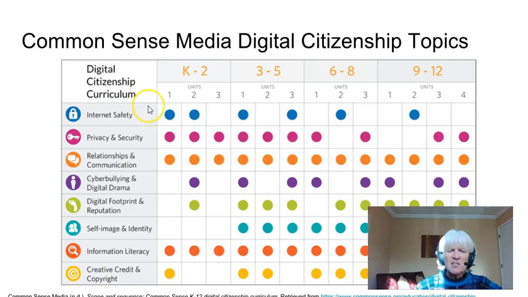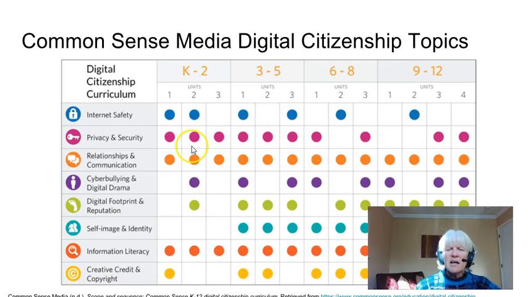They include internet safety, privacy and security, relationships and communication, cyberbullying, bullying and digital drama, digital footprint and reputation, self-image and identity, information literacy, and creative credit and copyright.